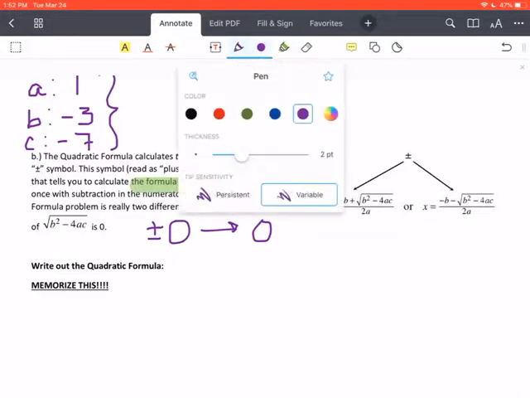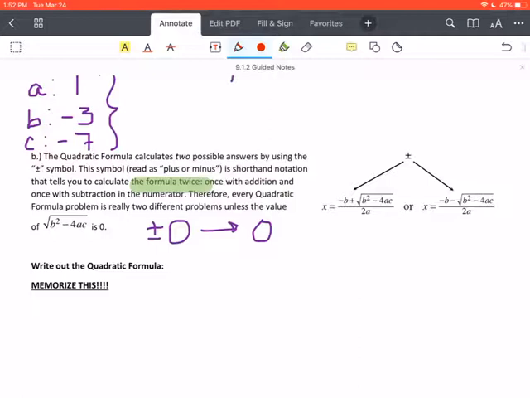Okay, so now at this point, this is your first time to write out the quadratic formula. I'm going to continually say it, and you need to either memorize it by song or memorize it in whatever way works for you. So when we're solving a quadratic equation, x equals the opposite of b.